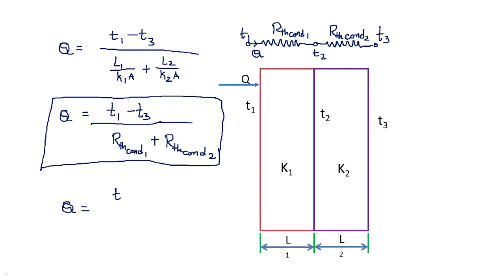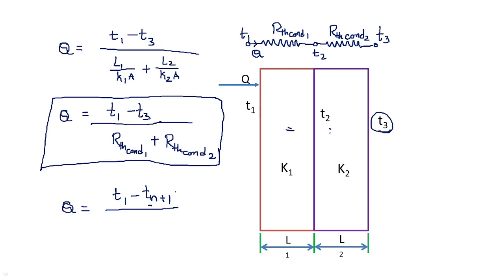That will be Q is equal to T1 minus Tn plus 1. What is n here? The number of slabs. When there are two slabs, you can observe the outermost layer temperature is T3. When there are n slabs, what will be the outermost layer temperature? Tn plus 1.